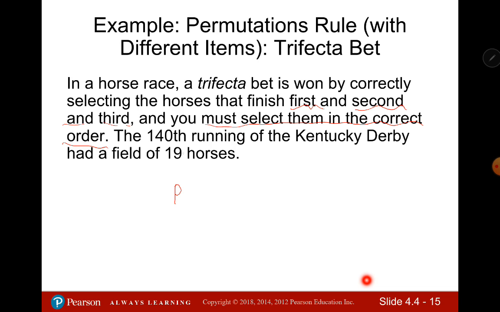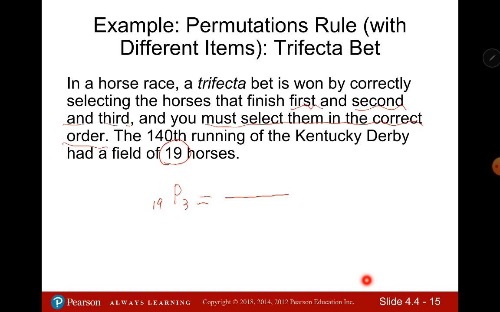We have a total of 19 different horses, right? So n will be 19. How many horses do we need to pick? We already know first, second, and third. So that's 3 horses.